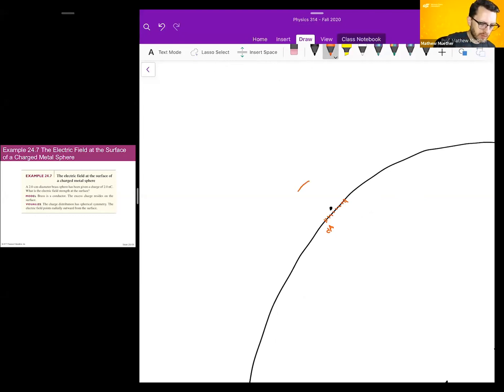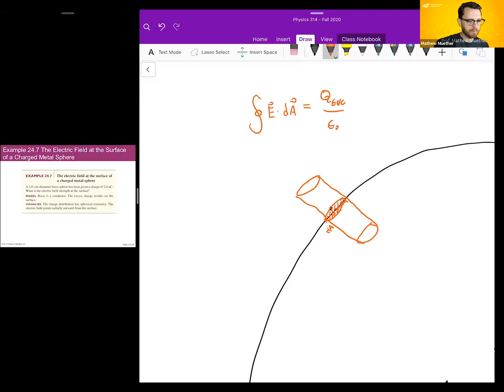And so let's imagine that we place a cylinder as my Gaussian surface through this position on the sphere, something like this. So right at this position, there's some charge that I'm collecting through this. Now I'm going to apply Gauss's law here. What does Gauss's law say? It tells me that I have to do this integral of the flux contribution over that Gaussian surface, and that should tell me the total enclosed charge over epsilon naught.